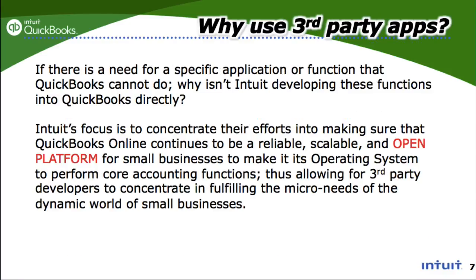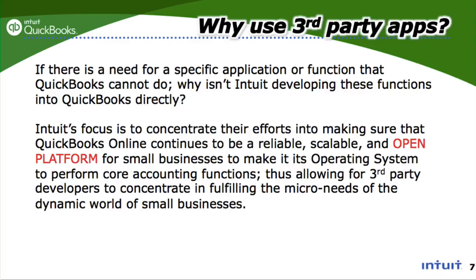The reason why we look for apps is because it's probably not in Intuit's veins to solve every problem of every small business out there. Therefore, we look to third-party developers to create specific functions that are connected to a particular industry or a particular activity. There are micro needs in the small business world, and there are very specific things.